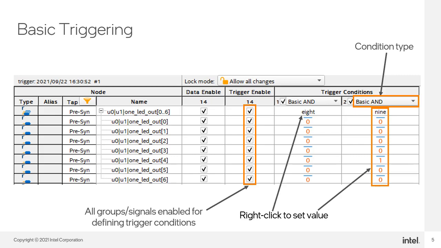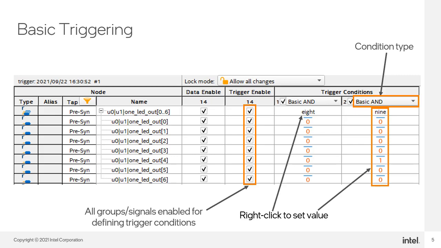Each column represents a single trigger condition. You can have up to 10 different conditions for a single Signal Tap instance. The number of trigger condition columns is specified in the logic analyzer settings, which we'll look at later. Each condition can be one of several different types, set at the top of the column.